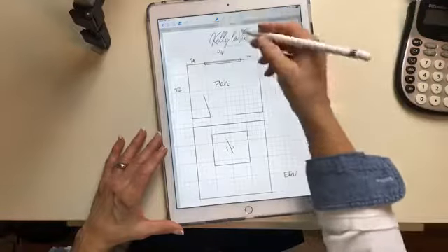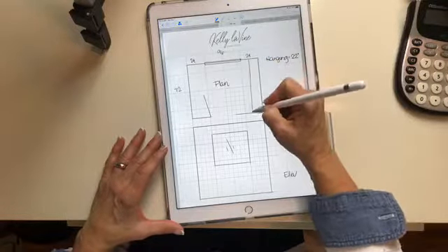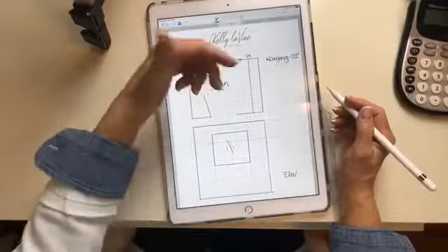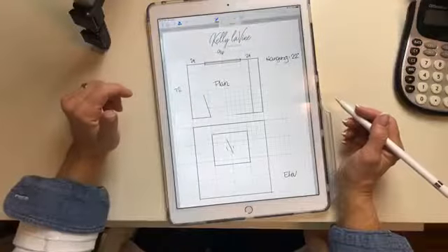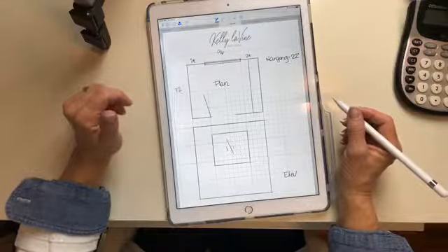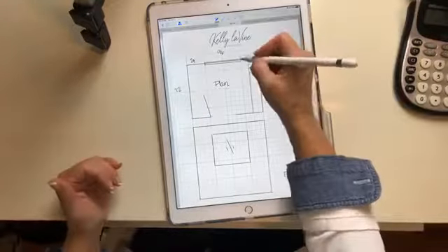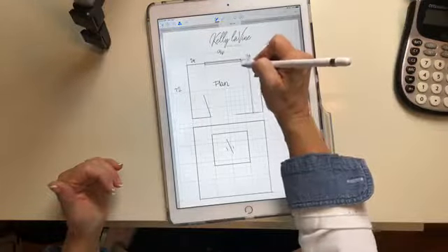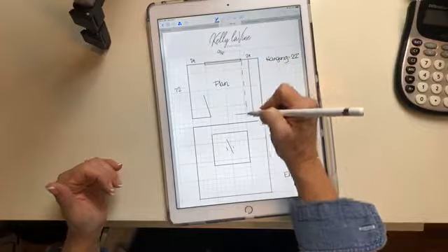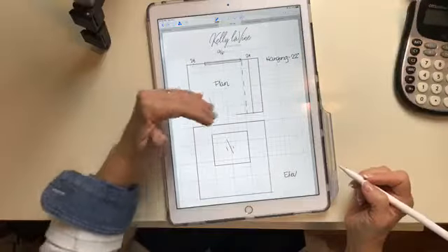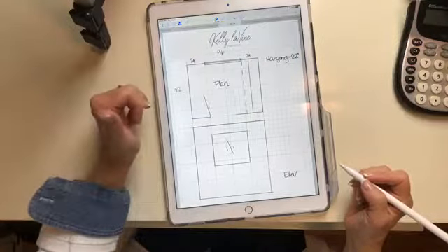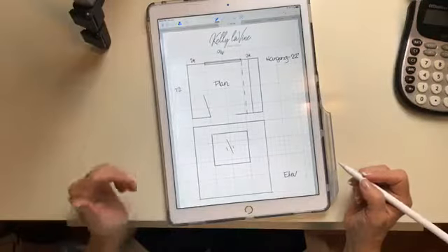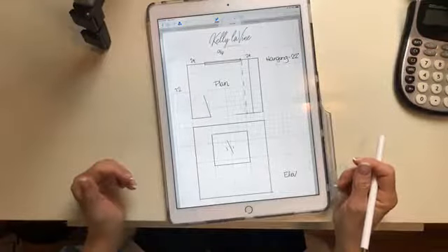So if we were doing this all in hanging, that could look like that, and you're like, well, that's no problem. And in this case, it's not, because your clothes are going to hang out to here. So they're not going to be in front of the trim, they're not going to be in front of the window, and you're going to have a nice look when you come into the closet.